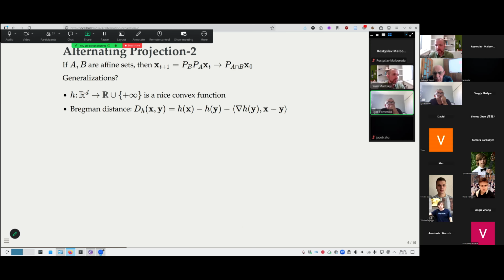It's not a distance by itself, but we just keep this name by tradition. It's not even symmetric, as you clearly see, but because of convexity it is nonnegative. So at least this property we have, but symmetry and the triangle inequality do not hold.